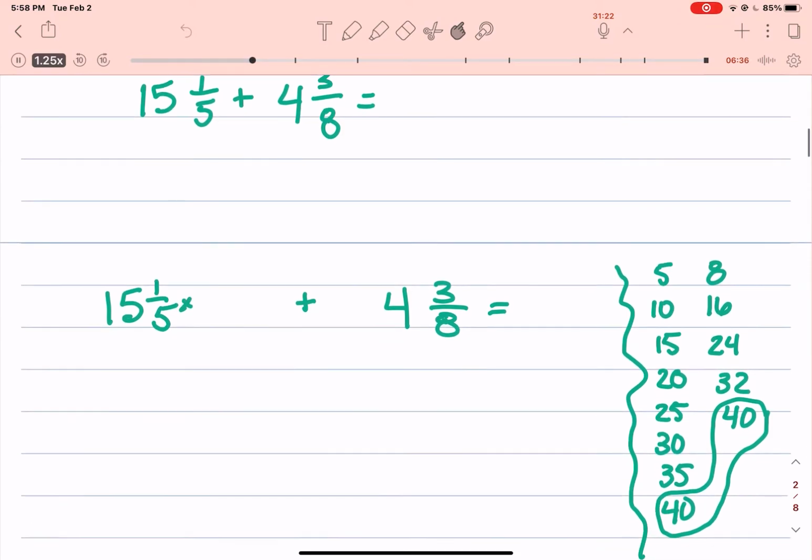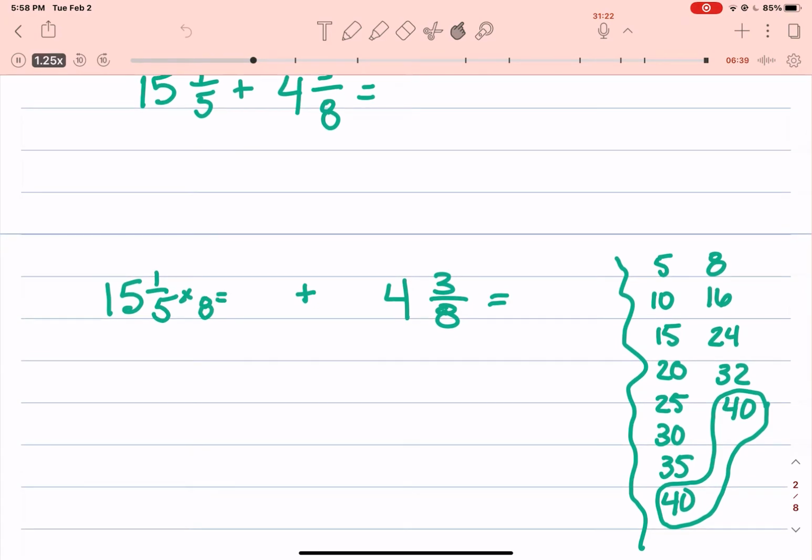So 5 times 8 equals 40, and 1 times 8 equals 8. So it's 8 over 40 over here. 8 times 5, and 3 times 5, so it's 15 over 40 over here.